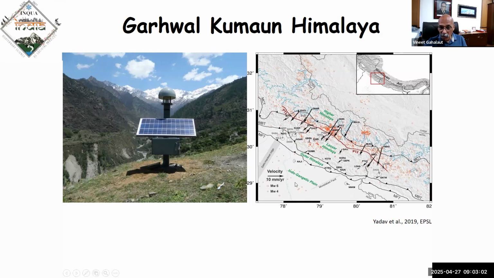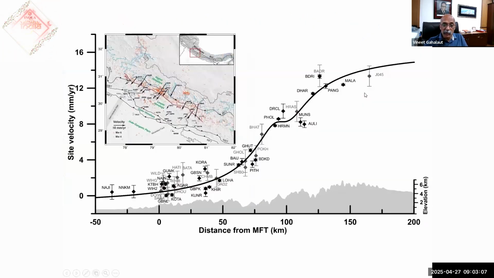And if I show you along a profile, with distance from the MFT, where the MFT is somewhere here, and I plot all these vectors, then you see that these sites are as if they're not moving at all with respect to the Indian plate.